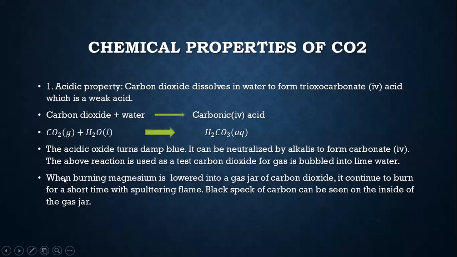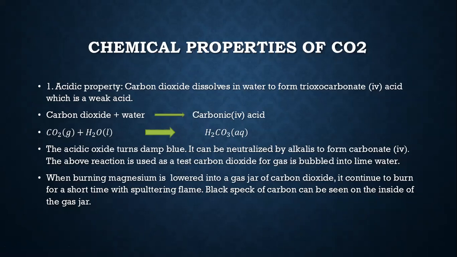Another chemical property of CO2 is that, generally, CO2 on its own does not support combustion. But it is quite amazing that when you light magnesium and place it in a jar that contains carbon dioxide, it is going to burn and form a flame, burning for a while, supporting combustion minimally.